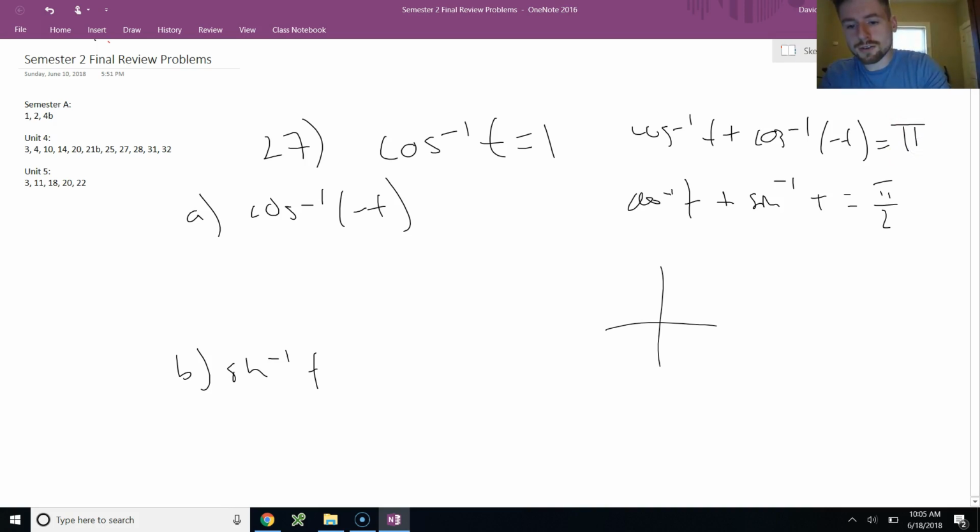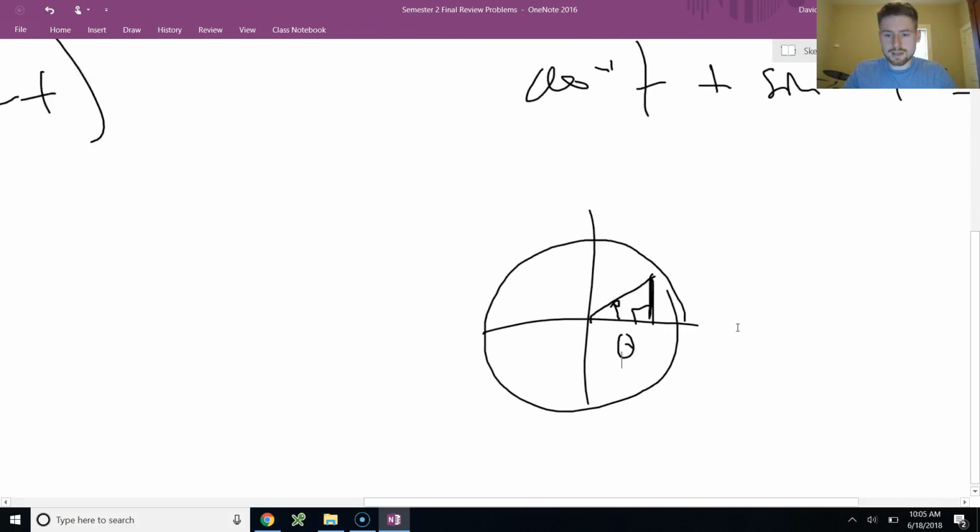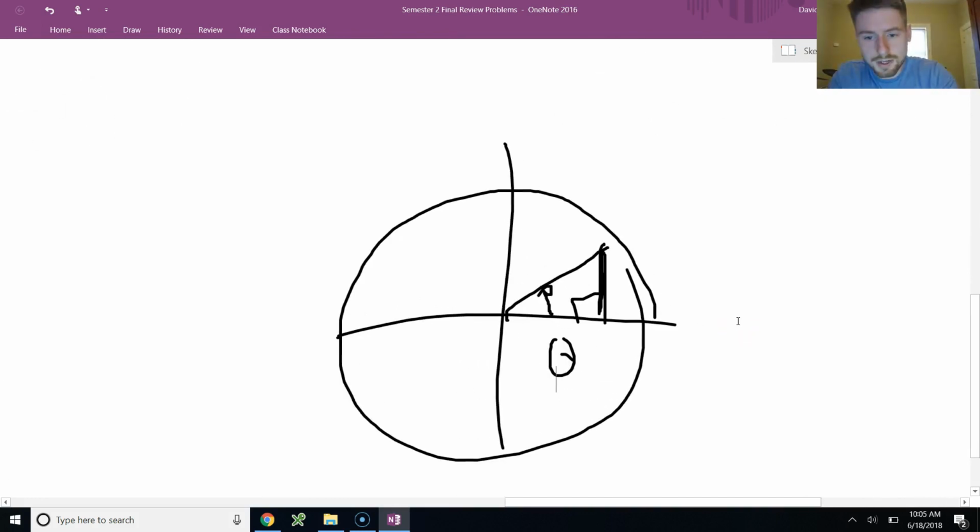Well, if we sketch an angle for t, for the first one, say my t is some positive number here. Then that would be the cosine inverse of t, theta. Let me zoom in a little bit. So here's my t.